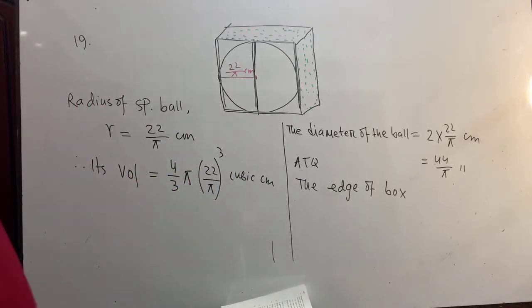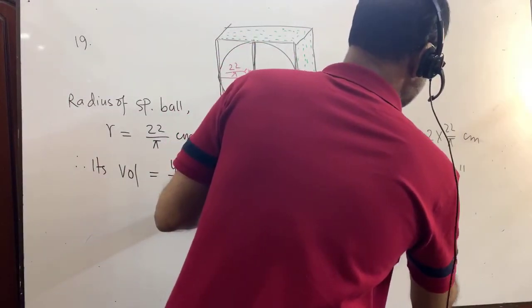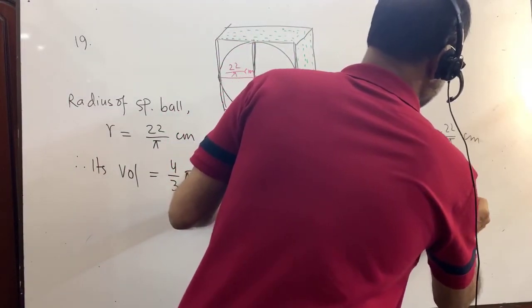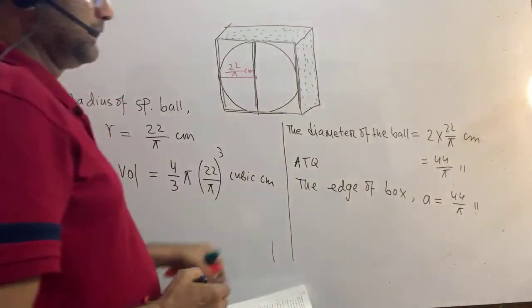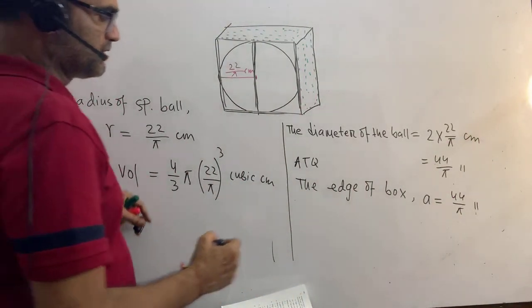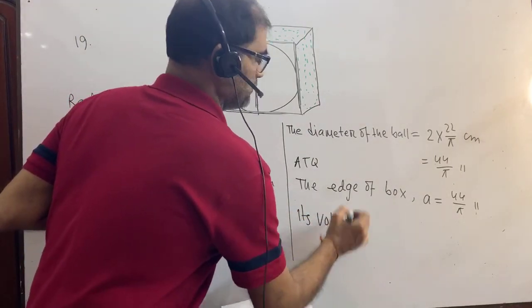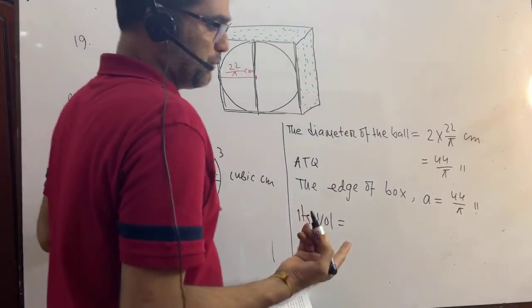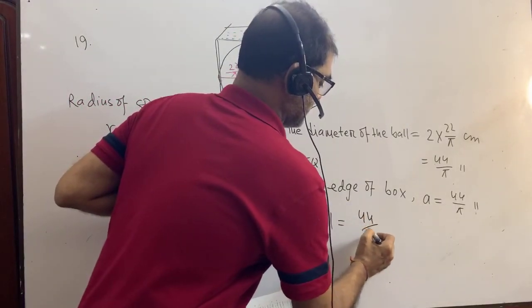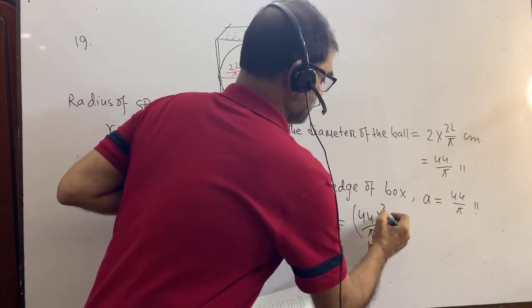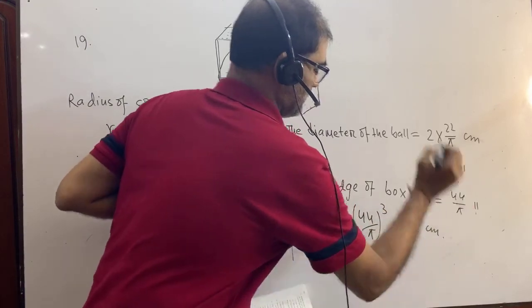So the edge of the box is a equal to 44 by pi centimeter. So what is the volume of the box? Write down, its volume is equal to, very easy and simple, a cube. A cube means (44 by pi) whole cube, cubic centimeter.